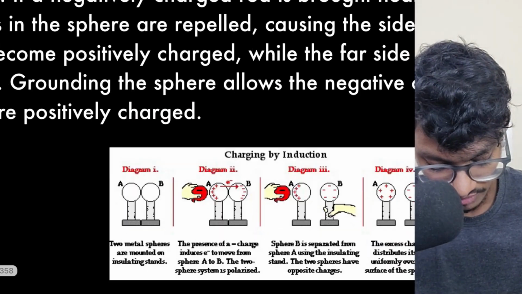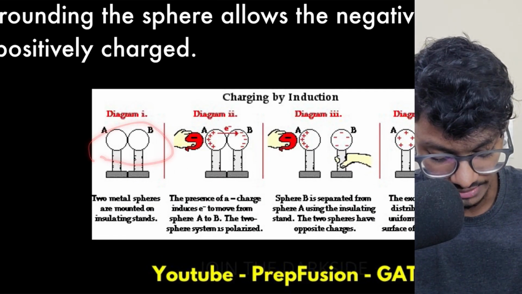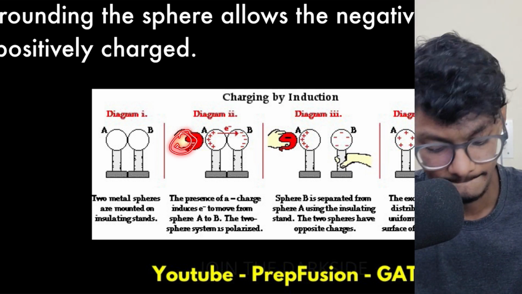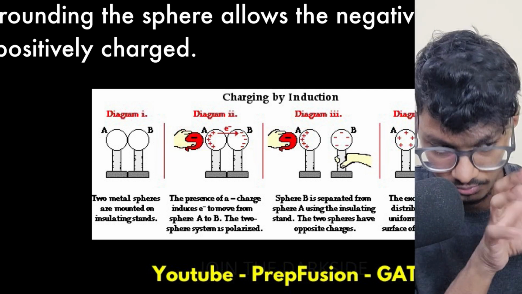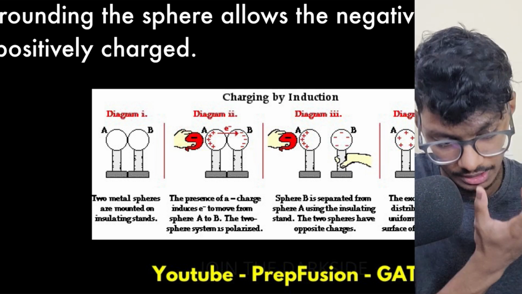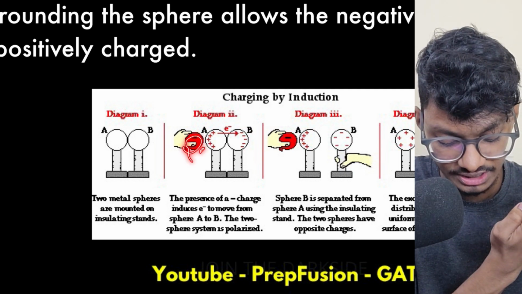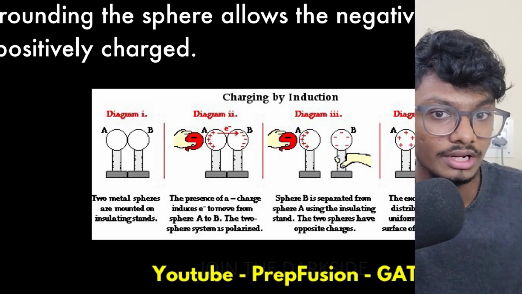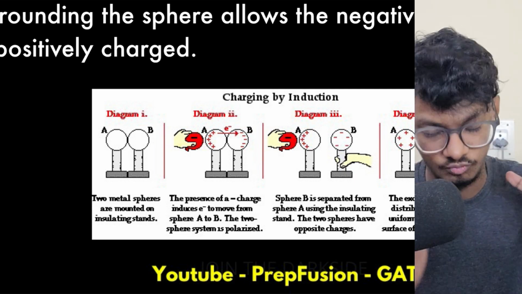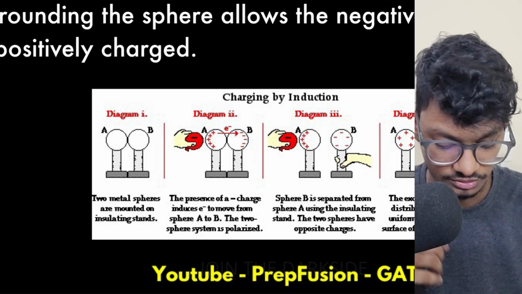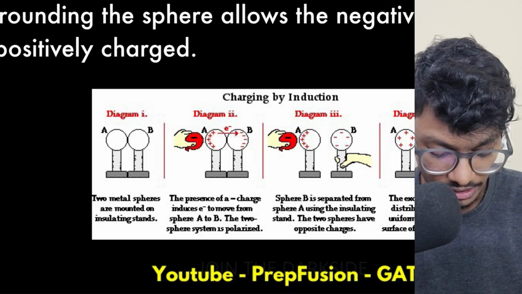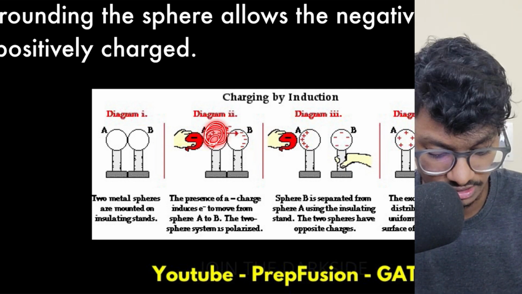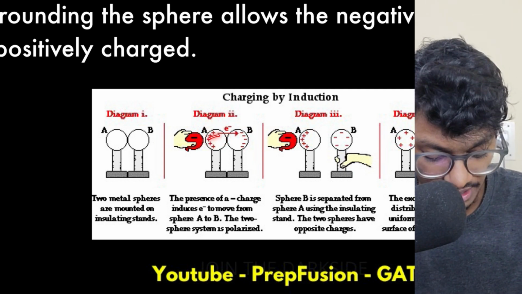What happens is, if I have two objects here, and let's say I have a negatively charged object here, I will just keep this object near the vicinity of this object A. What will happen? This is negatively charged. So we know electrons, we'll study this later on, have an electric field. So this will produce an electric field, and the positive charges here, the protons, will be attracted here.